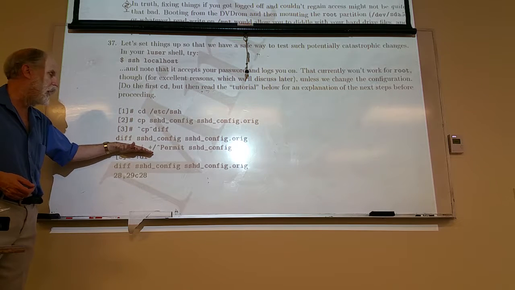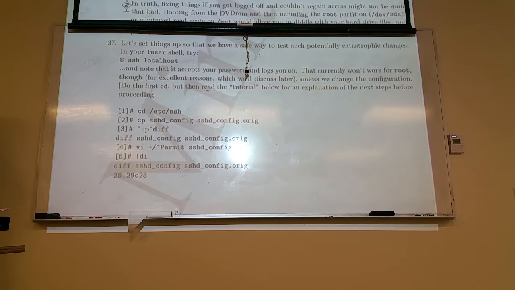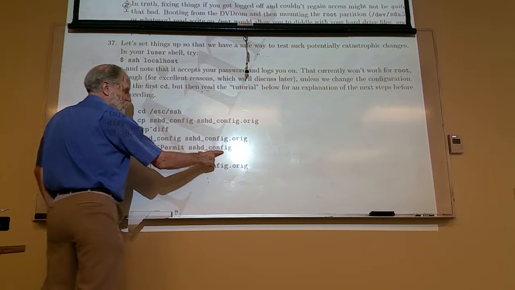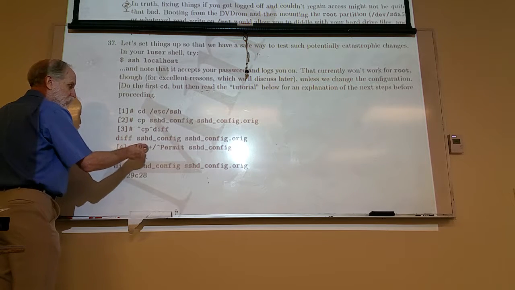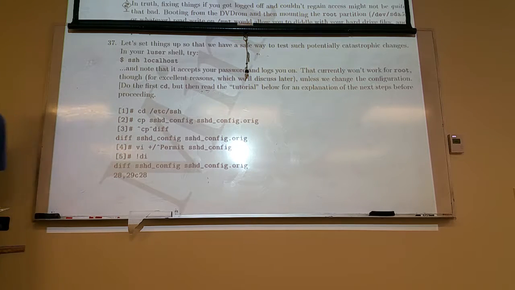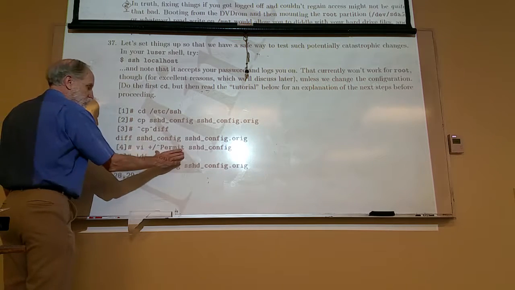And then we're going to do vi on that file. We're vi-ing the original sshd_config file here. And normally that would put you on line 1 of the file. You could say vi +7, and that would put you on line 7 of the file. But you can also give it a pattern.